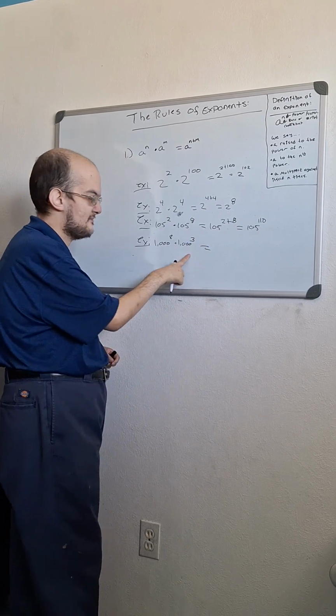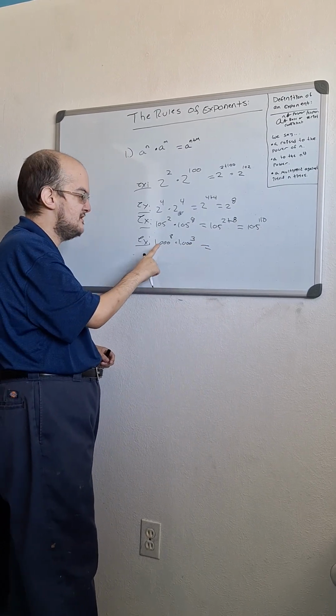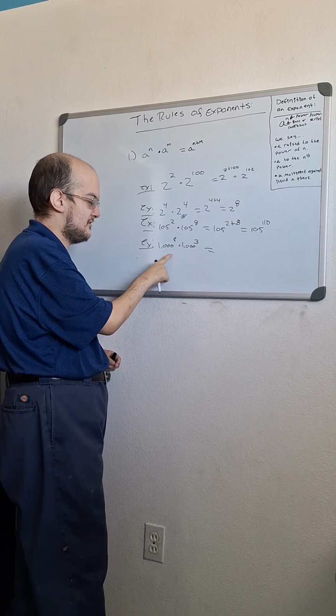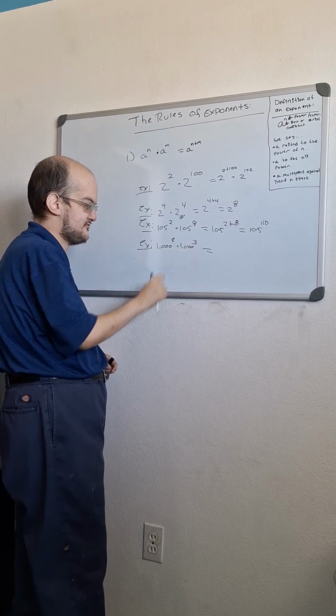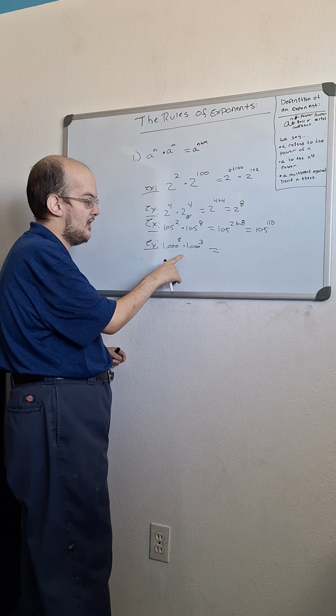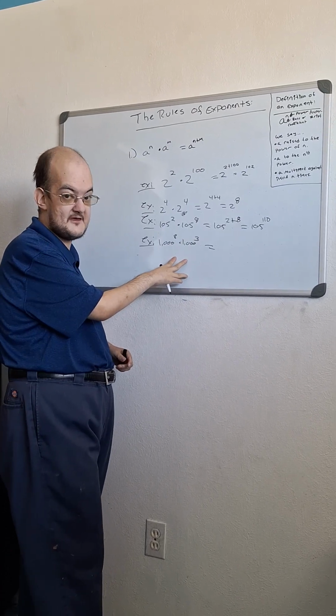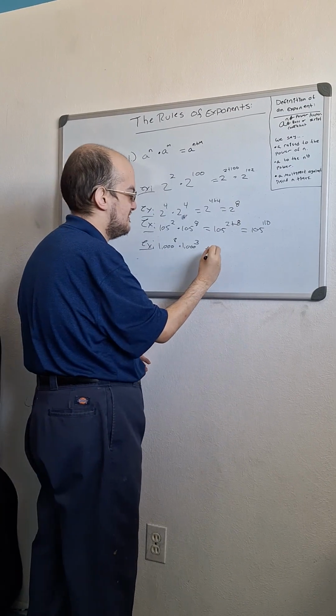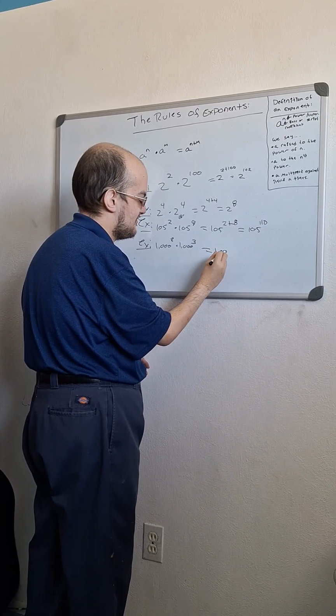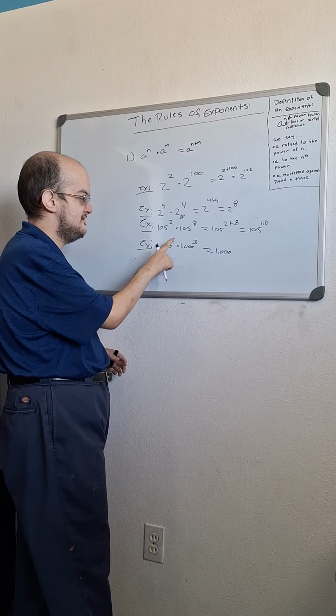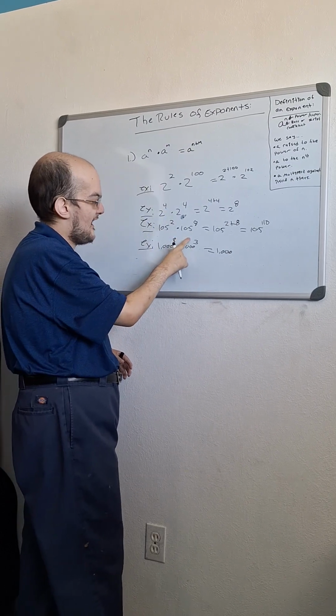And again, don't be intimidated by such a big number. Yes, this says 1000 to the 8th power, 1000 to the 3rd power, or 1000 cubed. But are the bases the same? Yeah, they are. So we're not gonna get intimidated. We're just gonna write 1000, and then the rule says to add the powers.